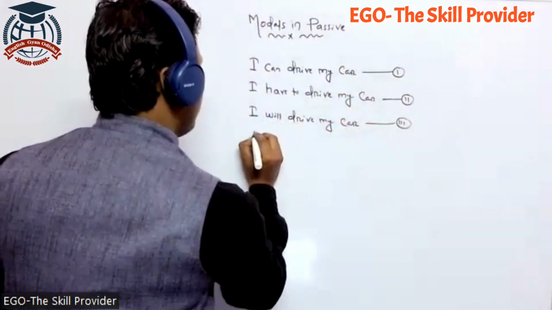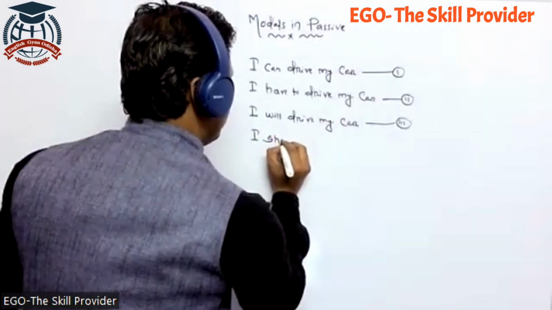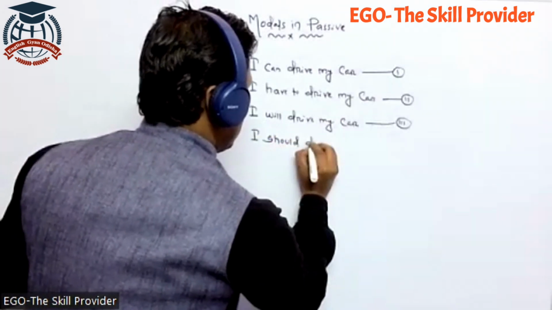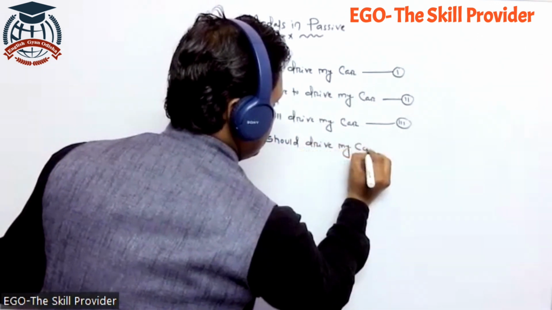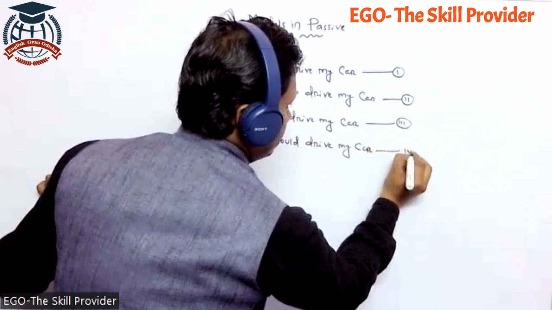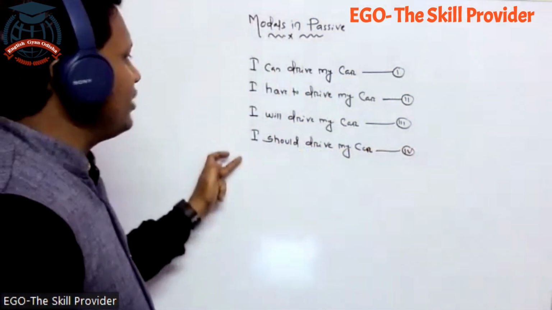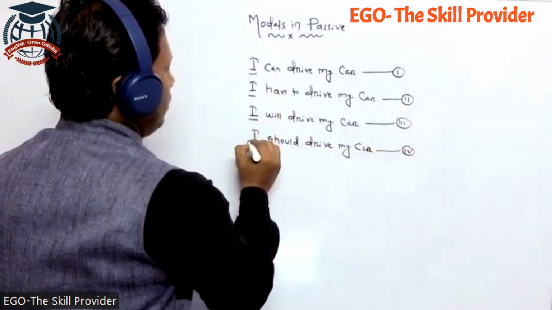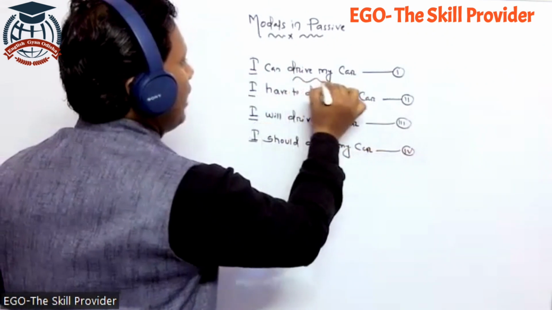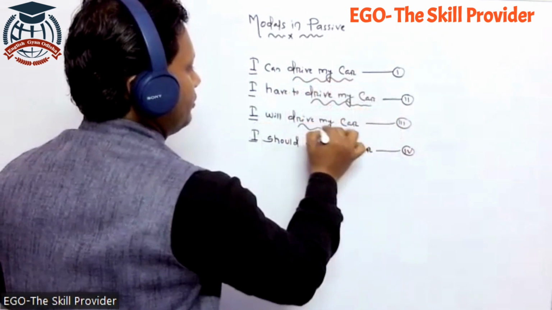Let me give another example: I should drive my car. Look, I have written four sentences where I is common. Check it out. I is common, and also drive my car is common.